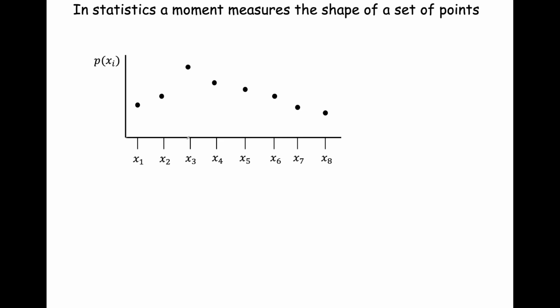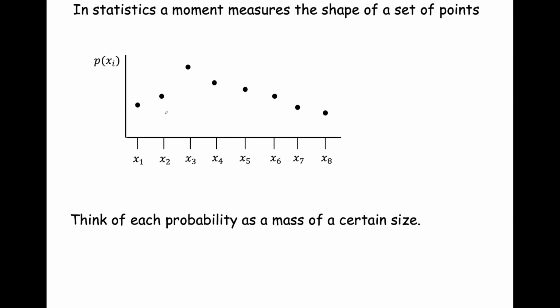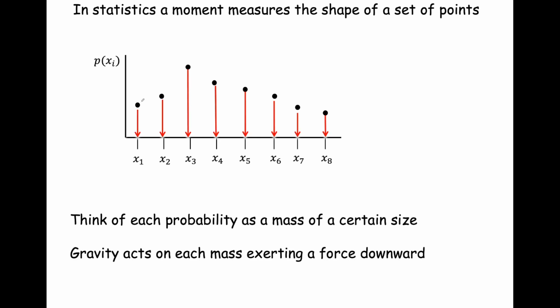And so x3 has a higher probability than x1. Now you think of these probabilities as having a mass of a certain size. And so this point has a mass equal to its probability. That point, x3's probability, has a mass, and it's a bigger mass than the mass associated with x1. And so as a mass, gravity acts on masses and it exerts a force, and that force is the weight that you perceive for that particular mass.